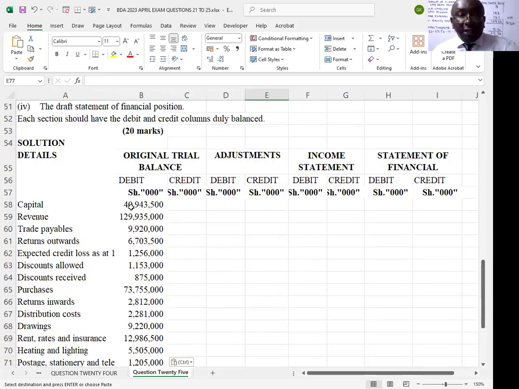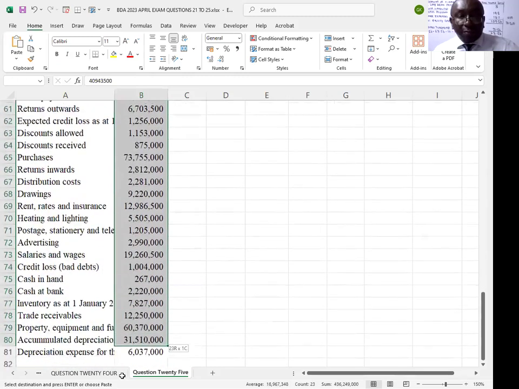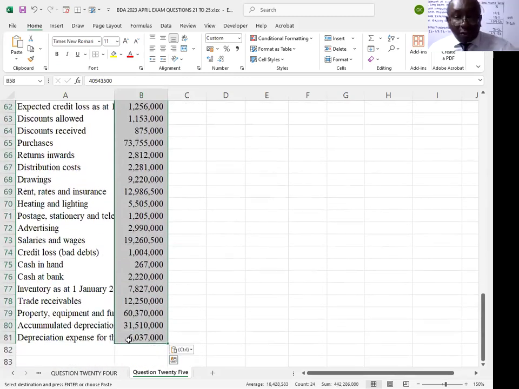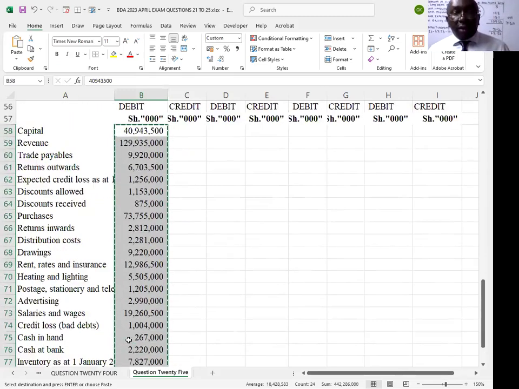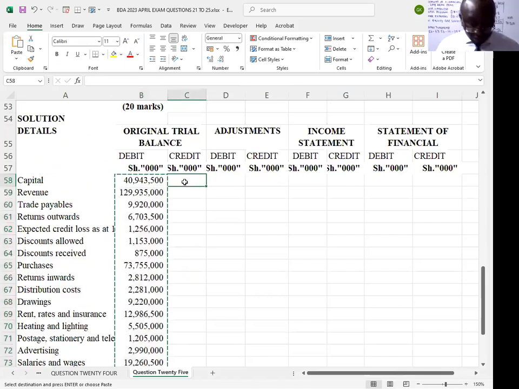Then these figures, you also copy them, then paste them here.